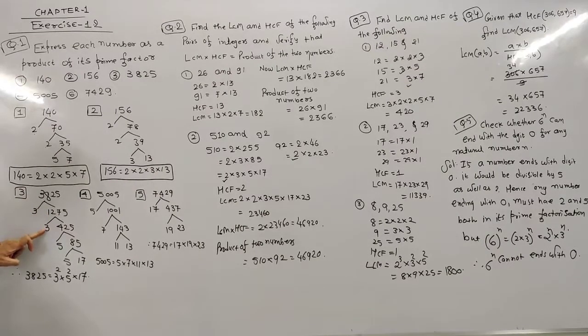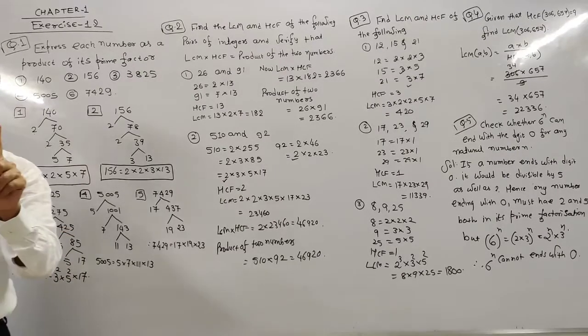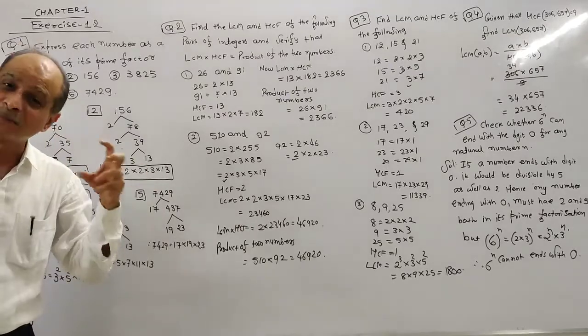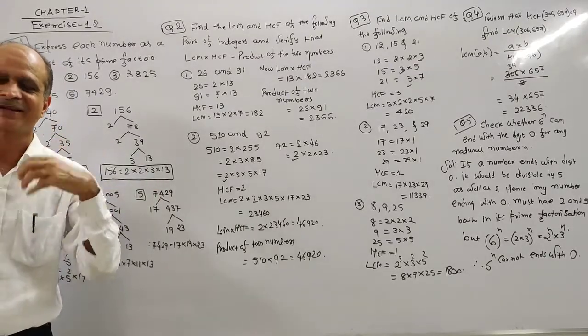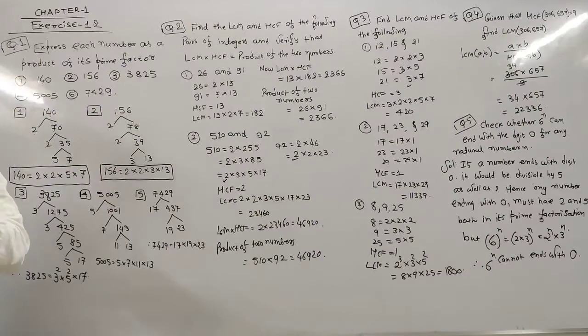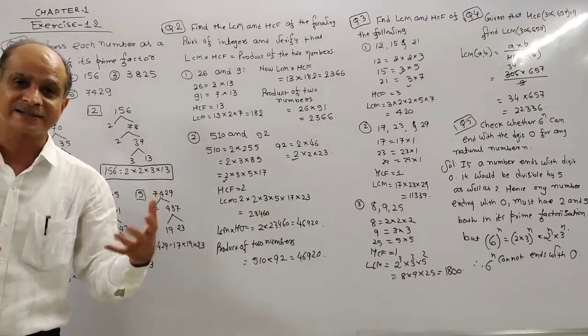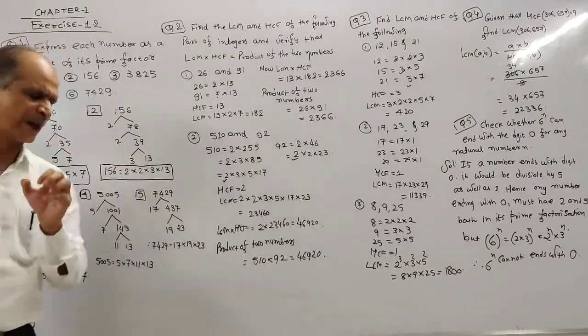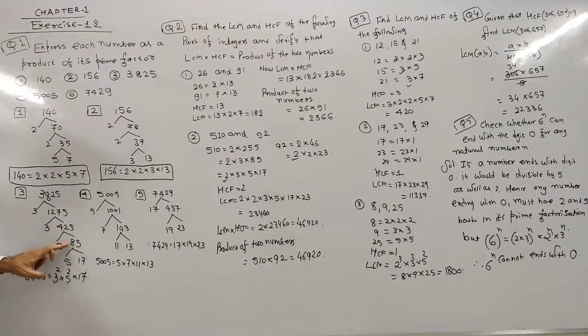So when you divide by 3, you get 3 4s are 12, 3 2s are 6, 3 5s are 15. Again the last digit is 5, 4 plus 2 is 6, plus 5 is 11, not divisible by 3. So this number itself is not divisible by 3. So let me divide this number by 5, because the unit digit is 5. So 5 8s are 40, 2 5 5s are 25, so 85.